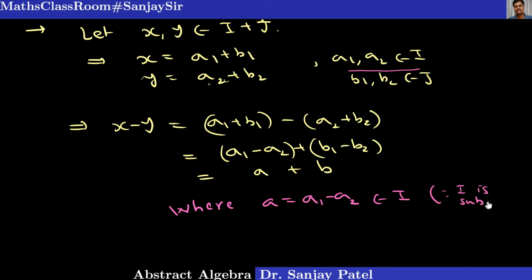Same way, b equals b1 minus b2 belongs to J, because J is also a subgroup.